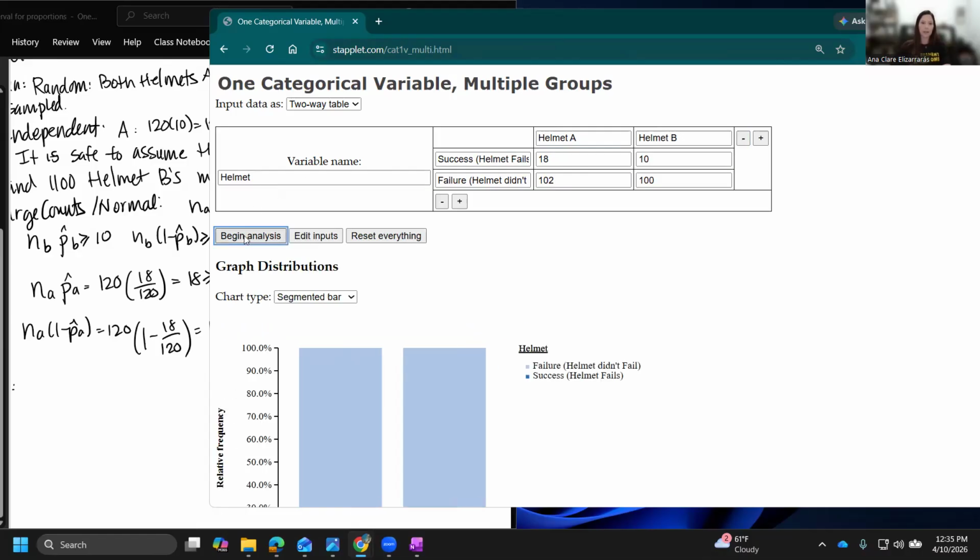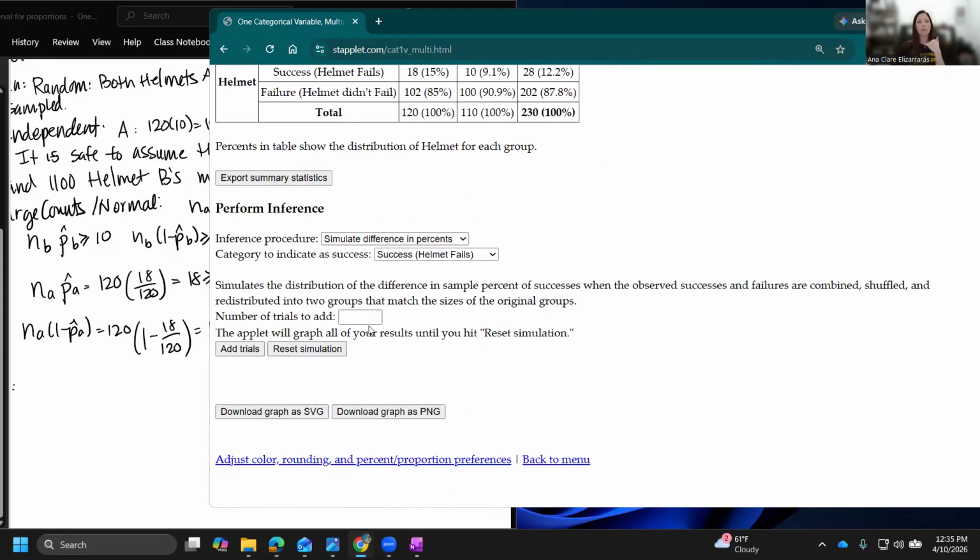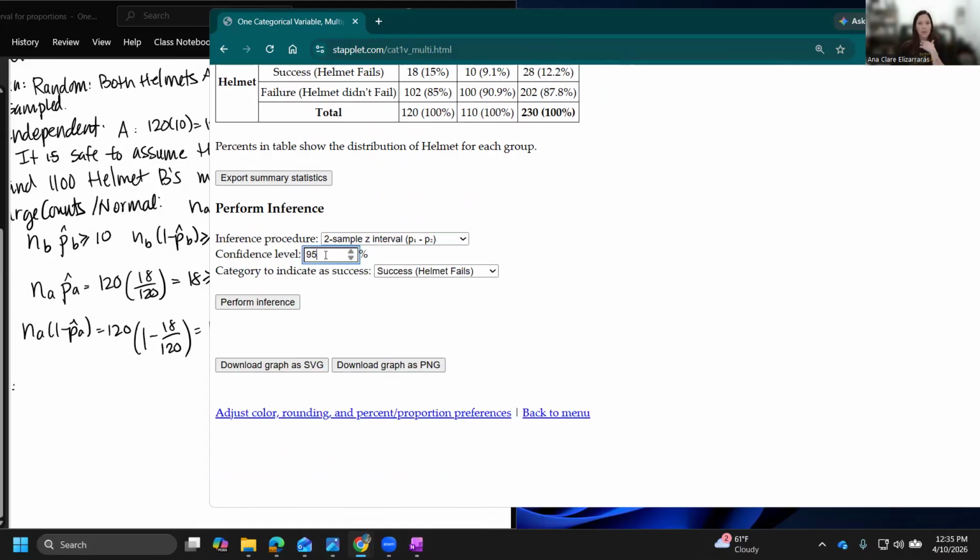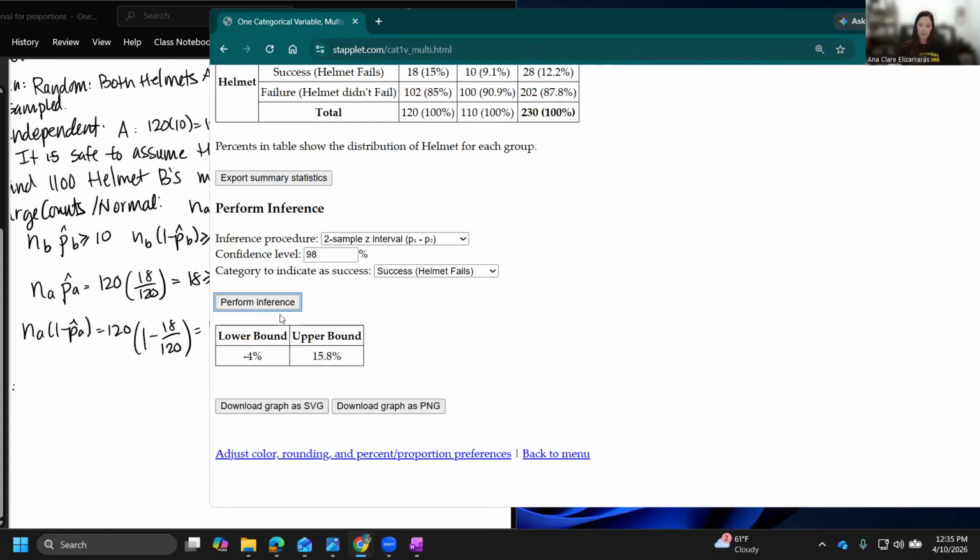And now we're going to begin the analysis. And we need to scroll down so that we can perform inference, creating the interval. And the interval is 98%, where we are talking about helmet failing. That gives us the interval of -4% to 15.8%.